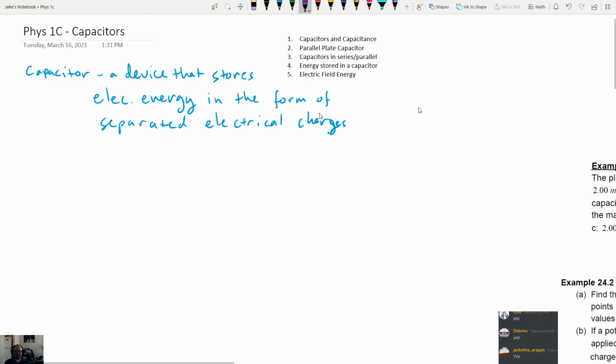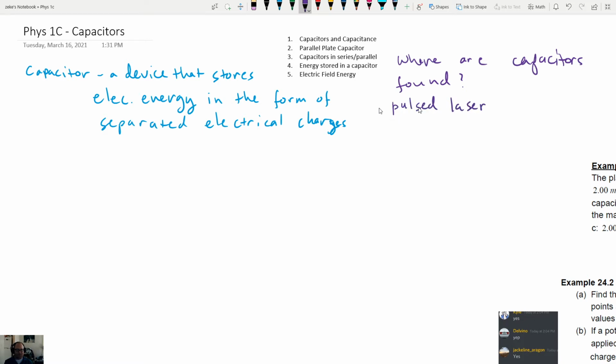So the places where you find capacitors, capacitors can be used to deliver a large amount of energy in a very short burst. One example is in pulsed lasers where you want a big burst of light energy coming out. You store up a bunch of energy in the capacitor and you can release it very quickly.